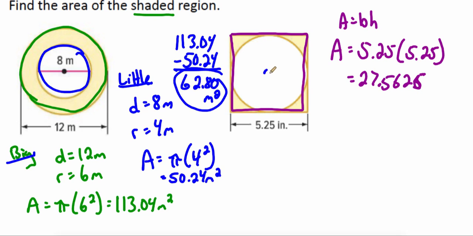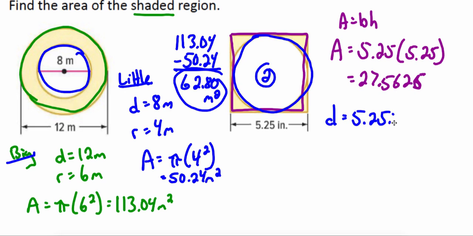Then shape 2, our circle, the part that's missing. Well, the diameter of the circle is 5.25 inches. Sorry, my answer up here was in inches squared. My diameter is 5.25, so my radius is half of that, which is 2.625 inches.